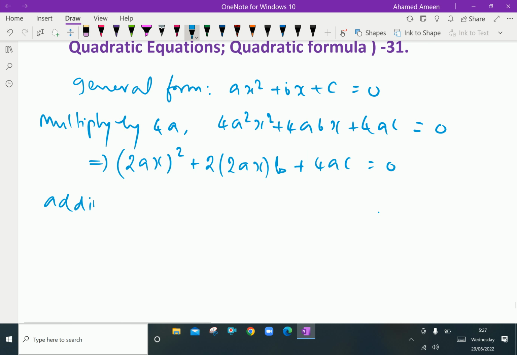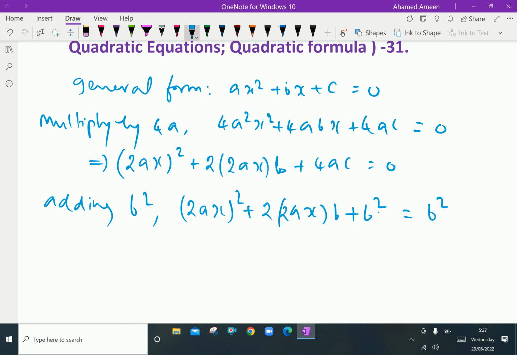we have 2ax whole square plus 2axb plus b square equal b square, and this 4ac goes to the right side as minus 4ac.